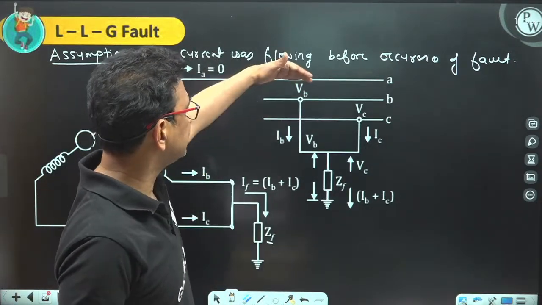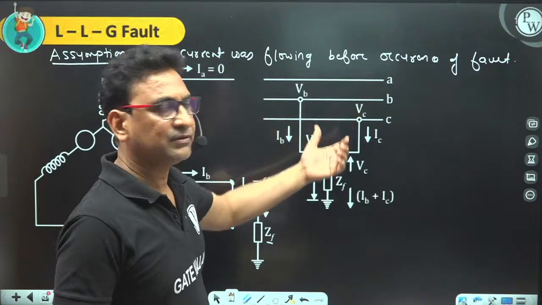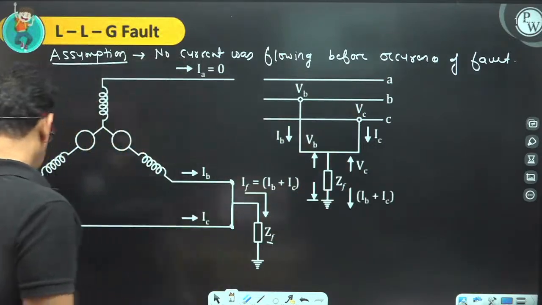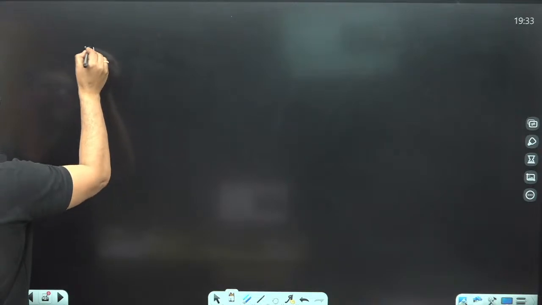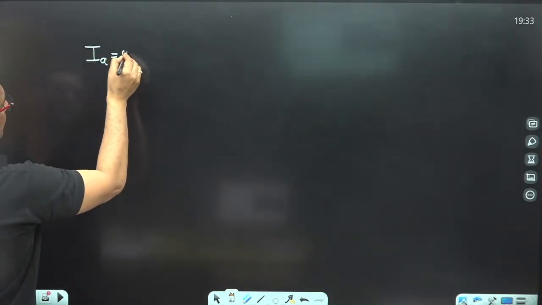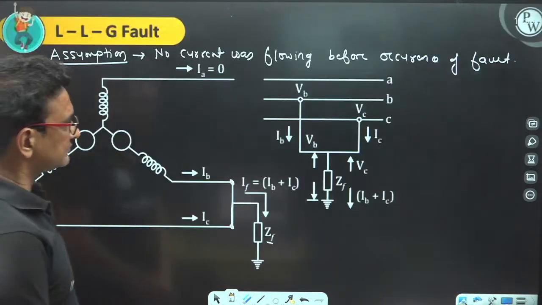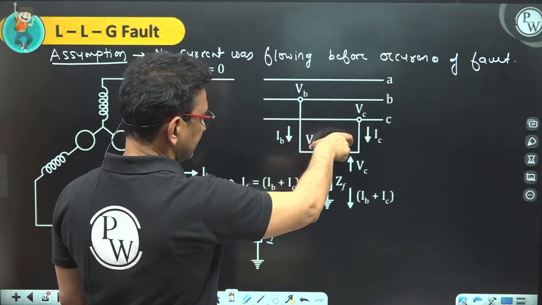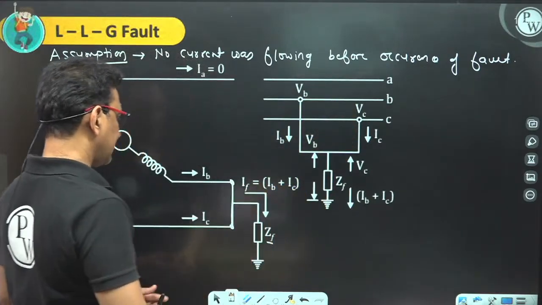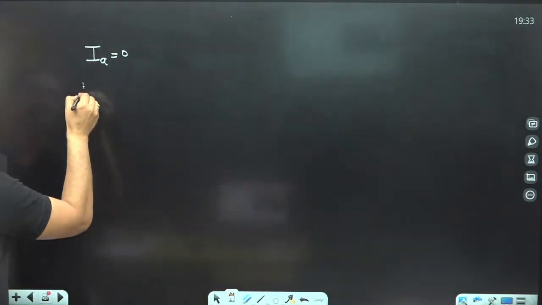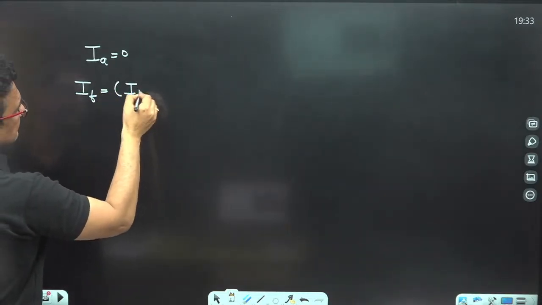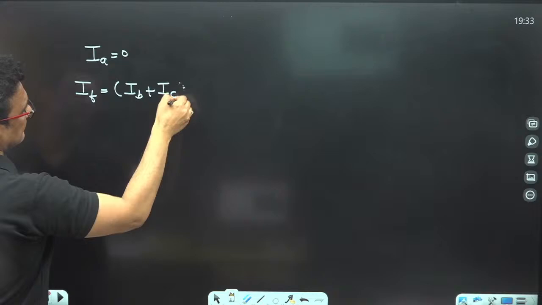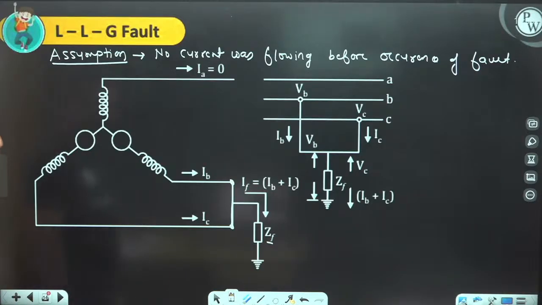So IA current is zero because that phase is not short circuited; only the B and C phase currents will be there. So what will be our equation? IA is zero, IB and IC are the fault currents, and IF is IB plus IC. The fault current is equivalent to IB plus IC. Clear?